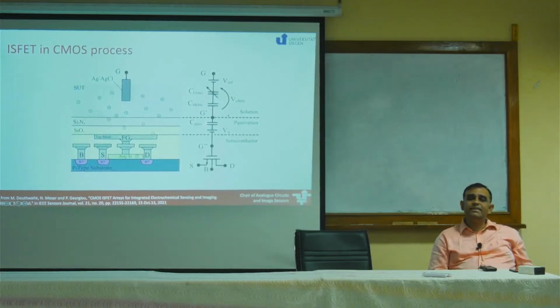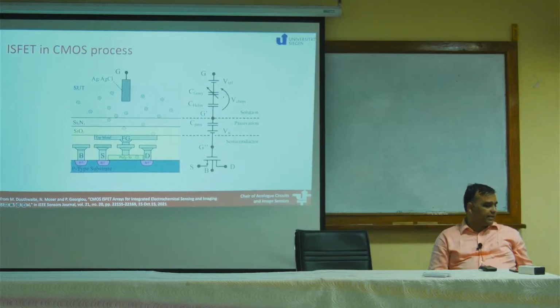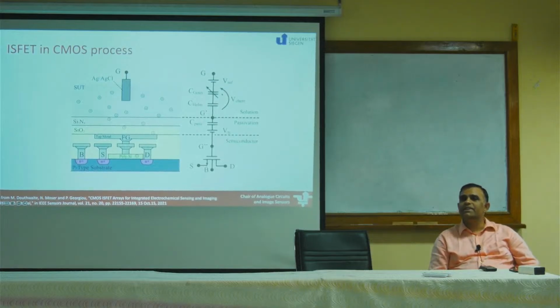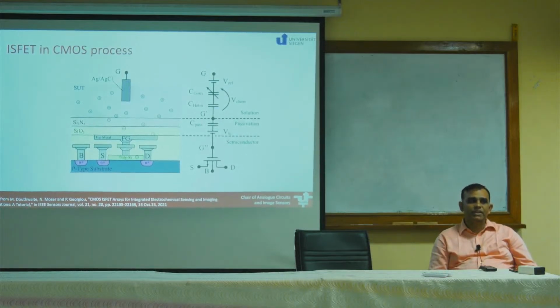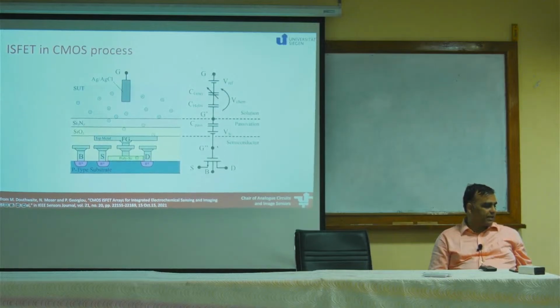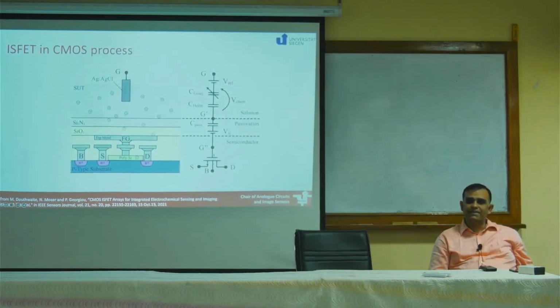So, the equivalent circuit now contains these capacitors in series with one another. What happens when I get capacitors in series? How does it divide a voltage? I apply a gate voltage here, a reference voltage here. What will I get here? There is also a capacitance here, the gate capacitance, right?